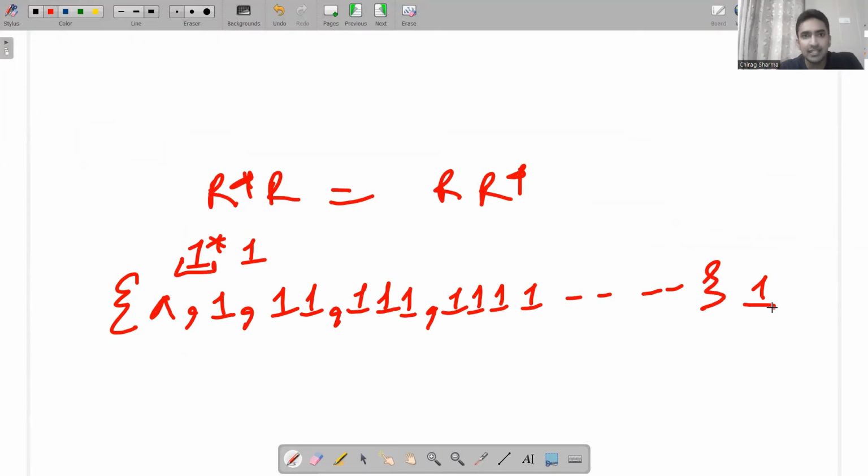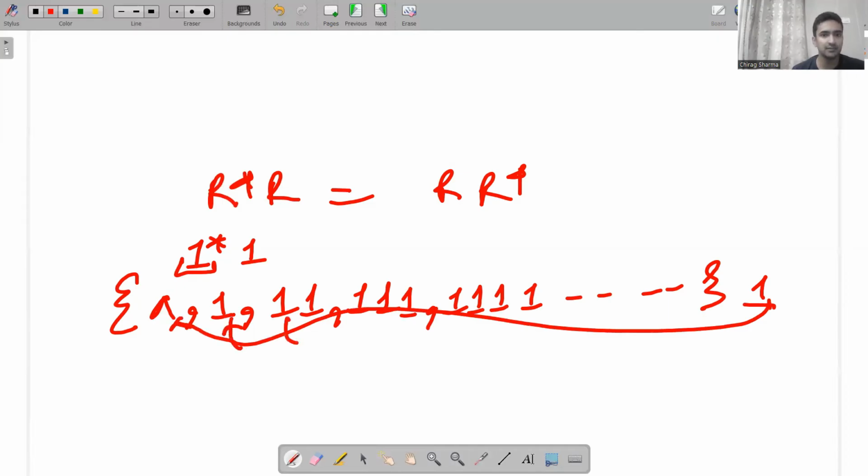So 1 will be concatenated with each of these answers, at the end. Basically you are going to concatenate all the answers with 1.